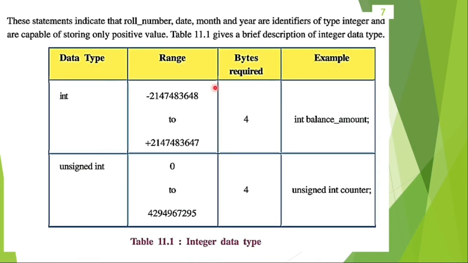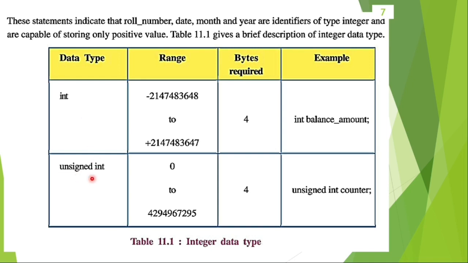Now this table shows the data type, range, bytes required and example. Let's check one by one. Here the data type is int, and here the range is given in bits and bytes. For int the bytes required is 4. For example, int balance_amount. A bank balance may go into minus, so we can use signed int.